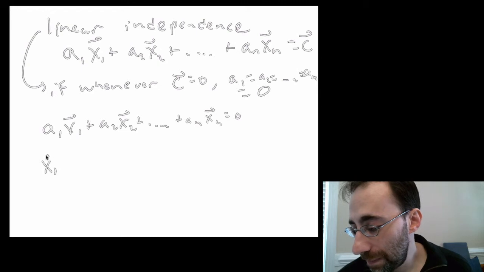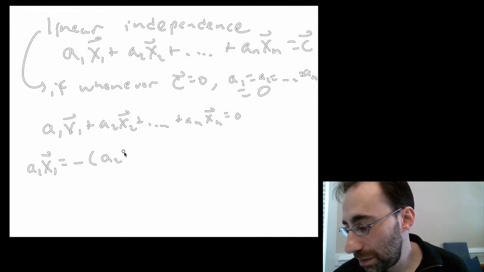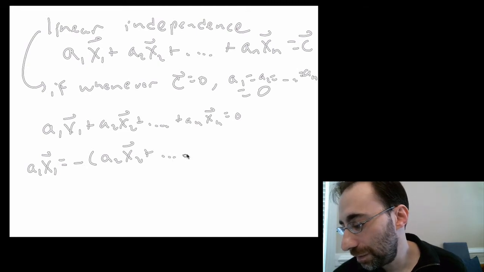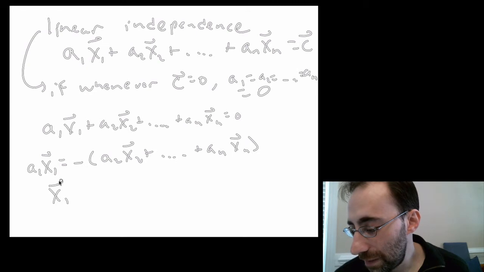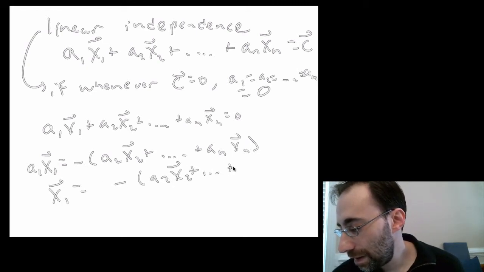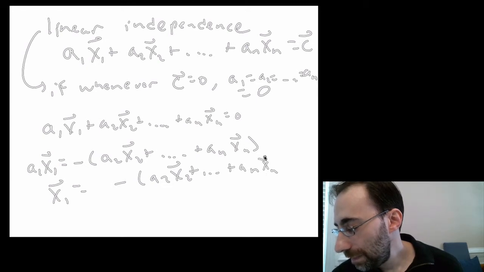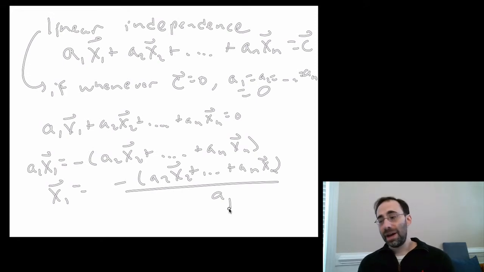Then I can move x1 to the other side, and that's going to be equal to negative a2 x2, moving all of them to the other side, through an xn, and then x1 is this exact combination of the other vectors. In other words, the vectors are not independent. I can get one of them from a linear combination of the other ones.